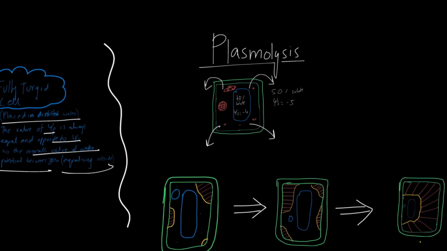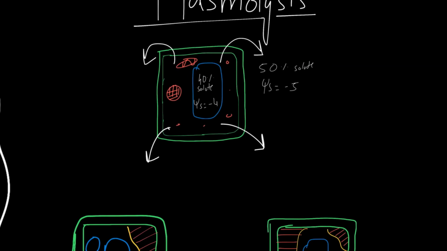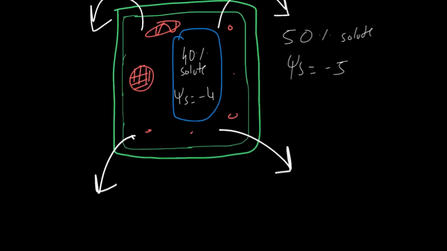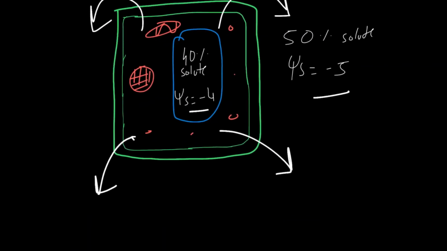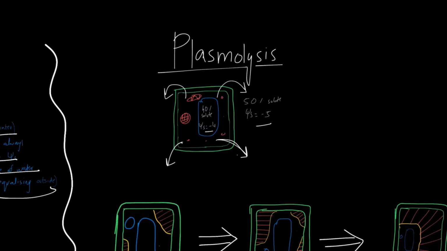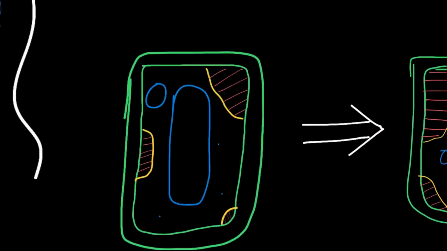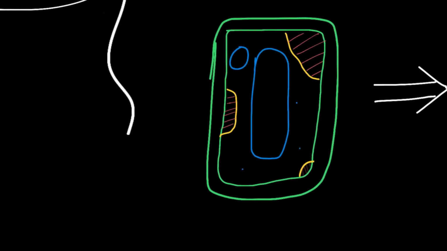The next thing is plasmolysis, as I mentioned. Plasmolysis is when the water potential of the inside is greater than outside, as we can see in this case. As a result, water loss occurs from the internal to the external part of the cell. Now, what happens in this case is the cell membrane alongside the cytoplasm shrinks.